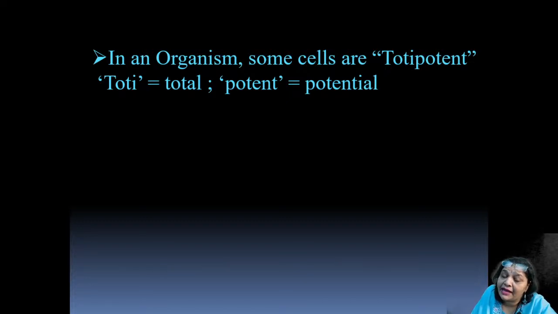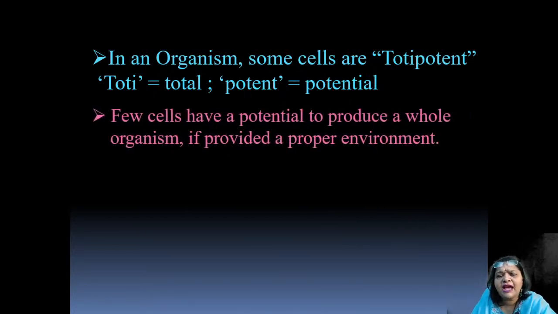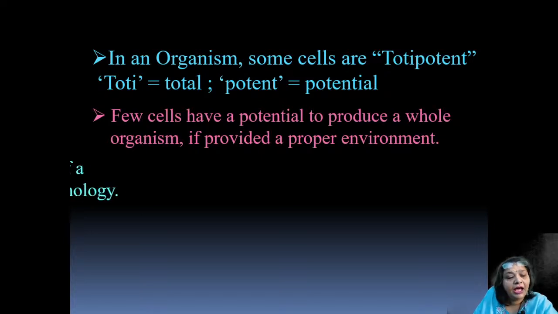They have the capacity, total potential in them to produce a whole organism. So few cells have this potential to produce a whole organism if at all they are grown, they are nurtured, they are cultured in a proper environment, okay? A proper environment may be a controlled environment, which we can call a lab, okay? Right.